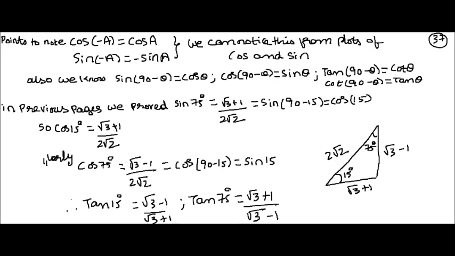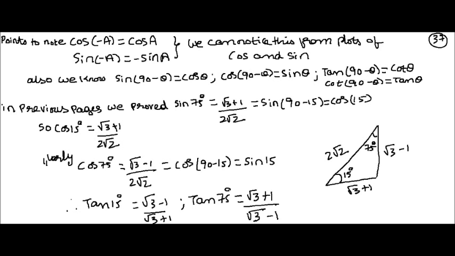In the previous pages we proved sin 75 degrees as root 3 plus 1 by 2 root 2, which is equal to sin of 90 minus 15, equals cos 15, because sin of 90 minus theta is equal to cos theta. Similarly, cos of 90 minus 15, which is cos 75, equals sin 15.